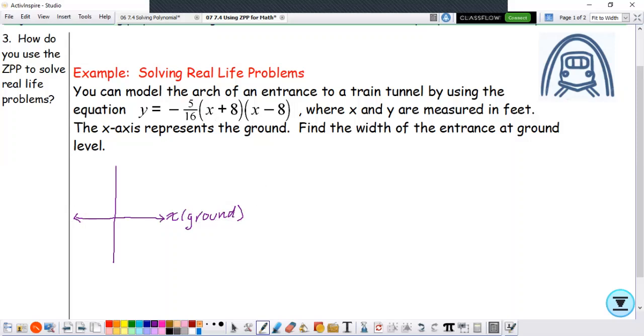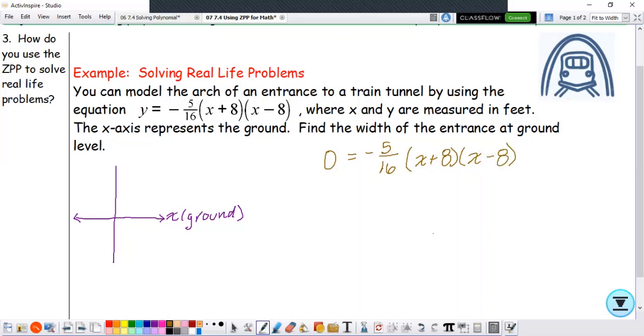Well, if x is the ground, that must mean y is the height. Well, what's the height of the ground? The height of the ground is 0, so we can write this equation as 0 equals -5/16 times x plus 8 times x minus 8.